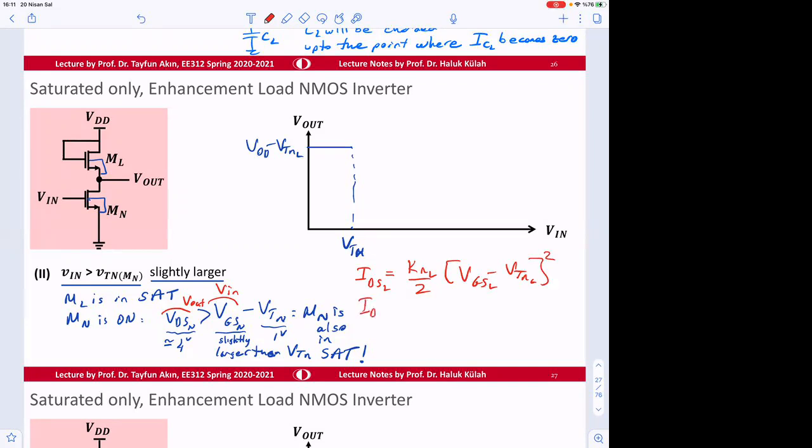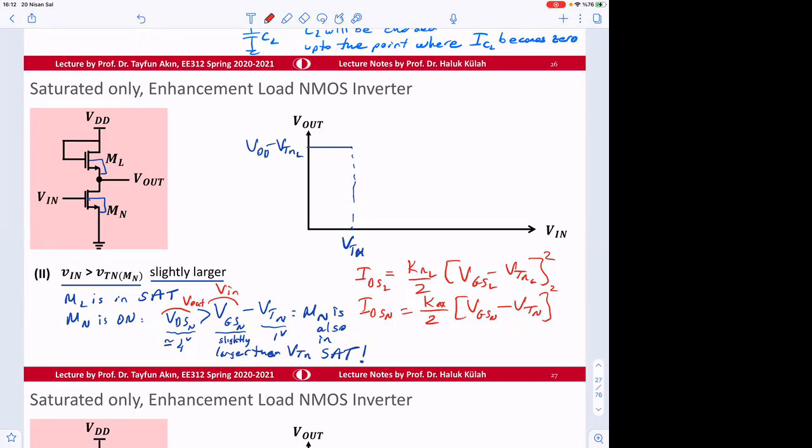What about I drain to source of N? That's Kn divided by 2, times V gate to source of N minus V threshold of N, squared. Is that okay?